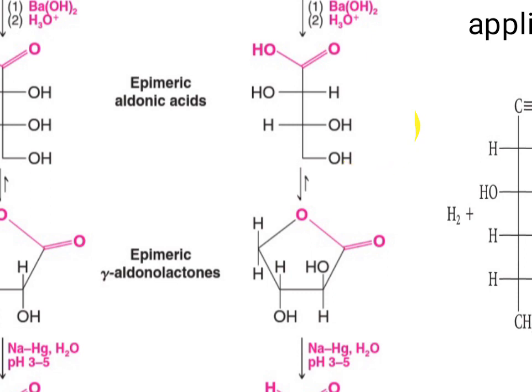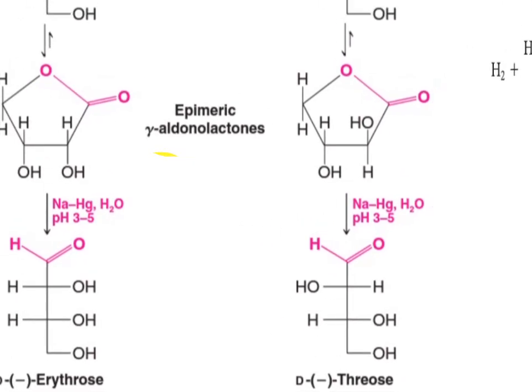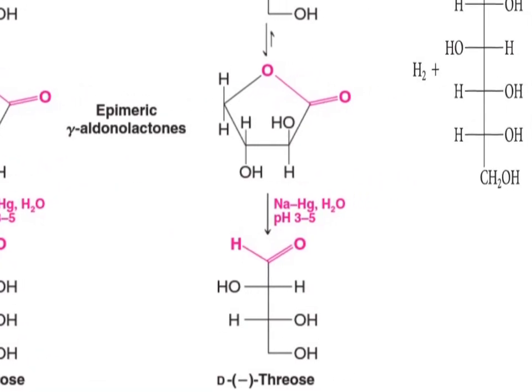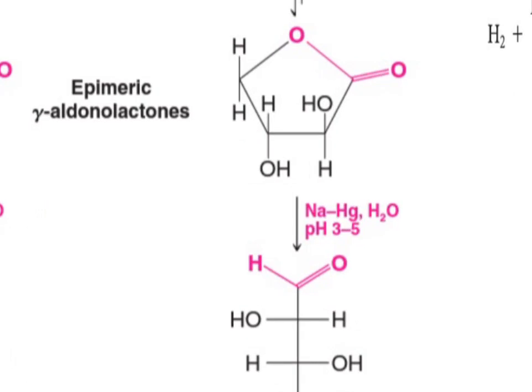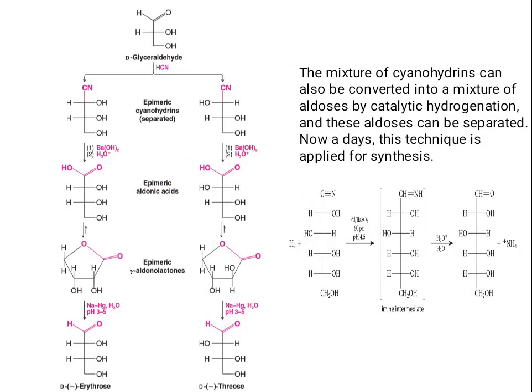Similarly, this OH will also attack here and form this gamma aldonolactone. And if you react with sodium amalgam at pH 3 to 5, then this lactone will be converted into an aldehyde group, and ultimately you will get erythrose and threose.